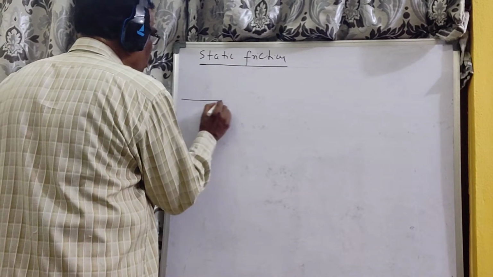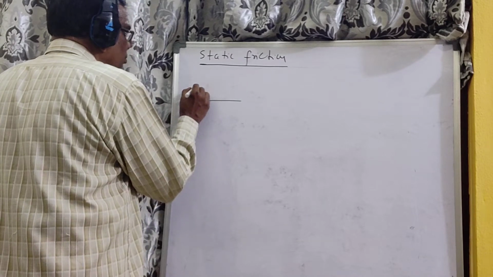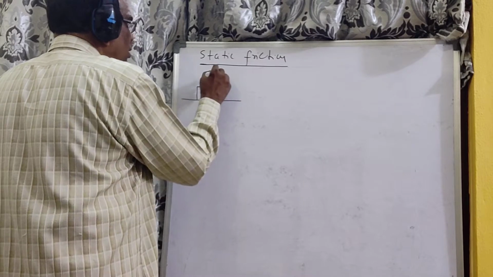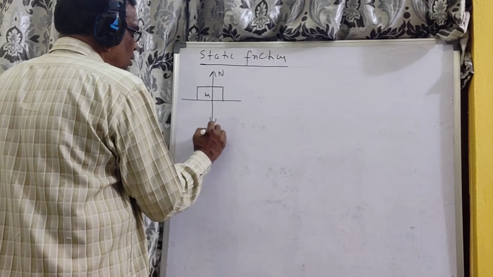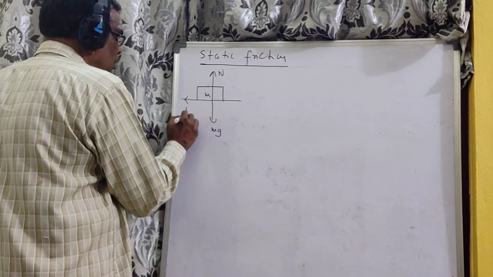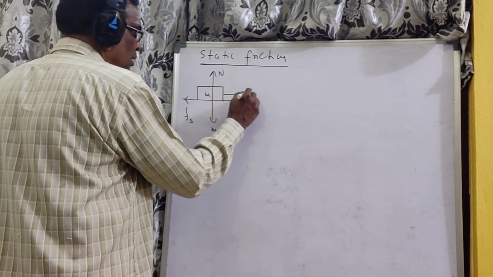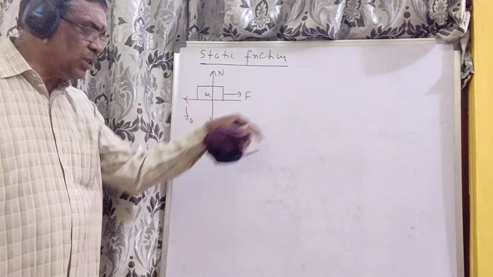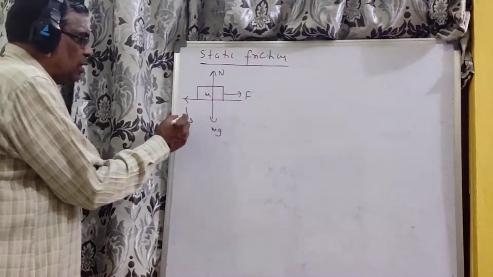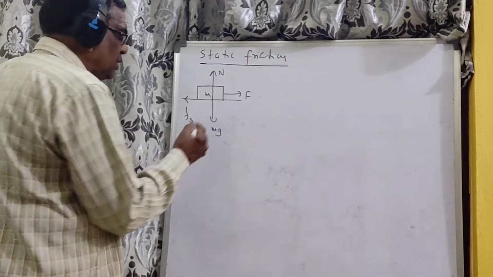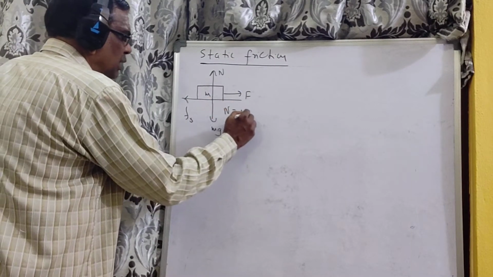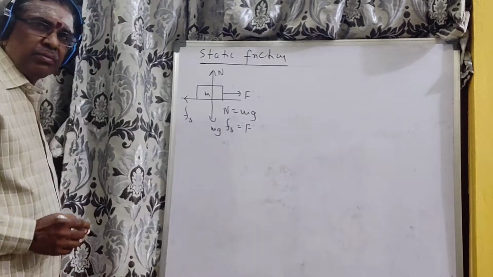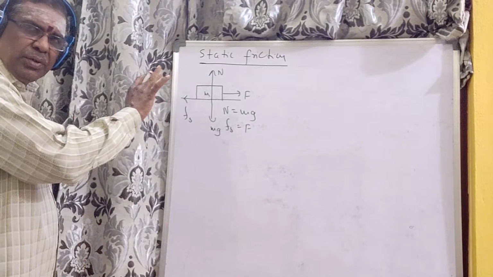Let me first look at the horizontal aspect. Now this is M, N, Mg, Fs, F. I am applying a force F horizontally, and the static frictional force is Fs. Obviously here N is equal to Mg and Fs is equal to F. It's a straightforward, simple case.